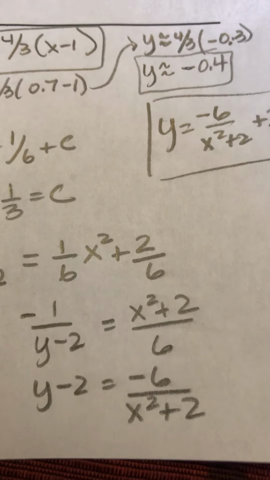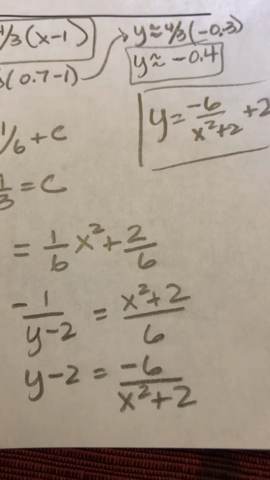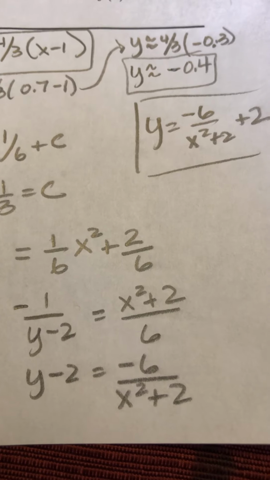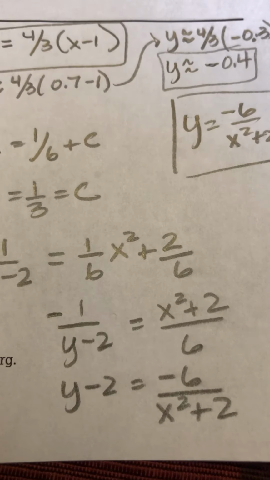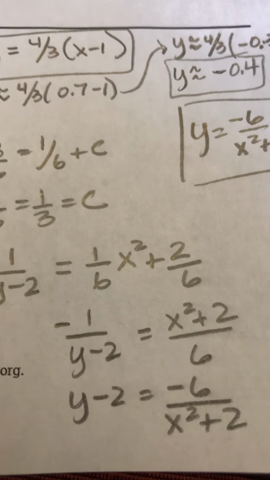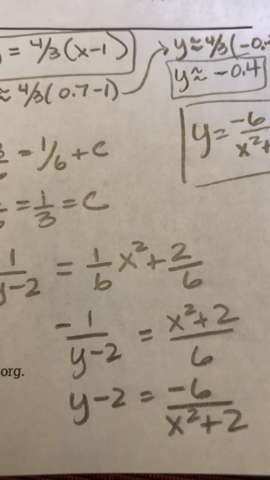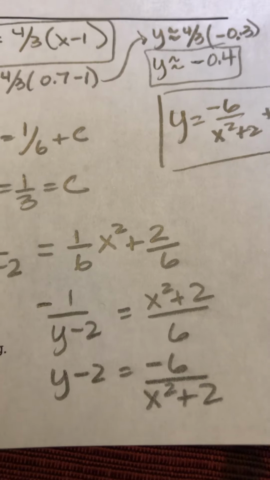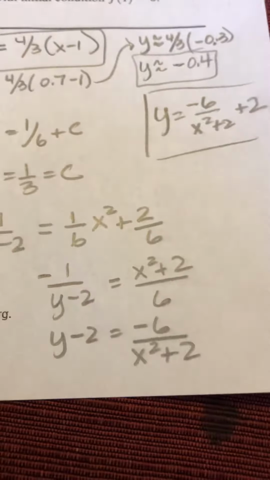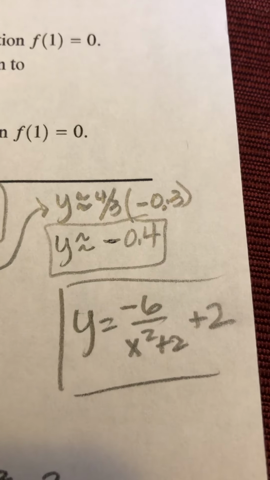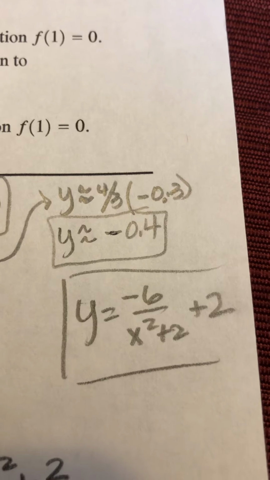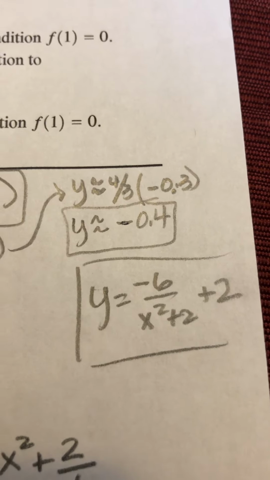When you have a proportion, when you have two fractions equal to each other, if you flip both sides, it's still a valid equation. So I flipped both sides and I moved the negative over to the right. So now we have y minus 2 equals negative 6 over (x squared plus 2). And solving that for y, y equals negative 6 over (x squared plus 2), and then plus 2.